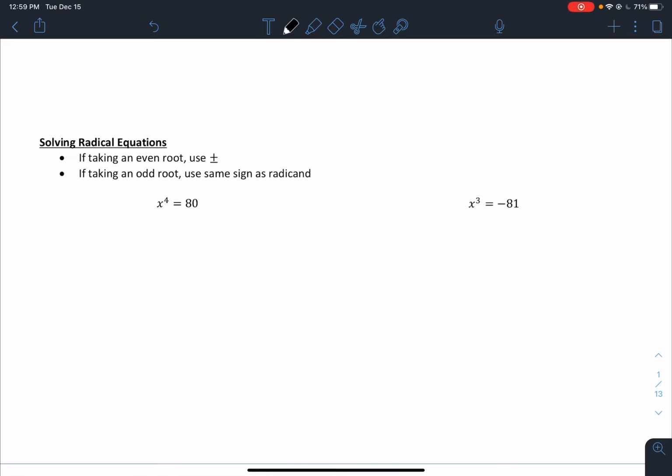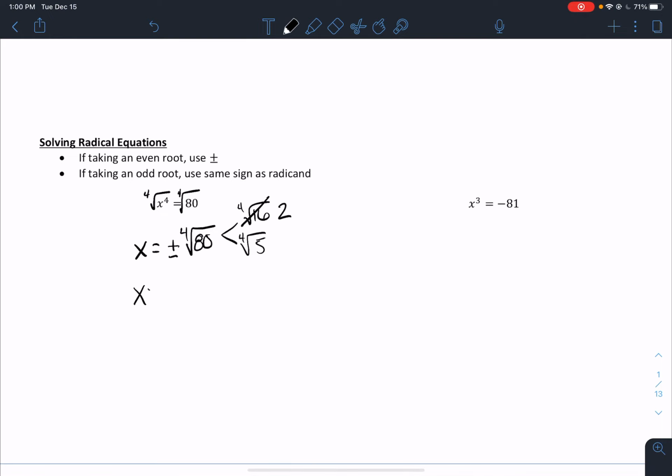So like x to the 4 equals 80, so I'm going to take the fourth root of both sides. So that'll cancel out. I'll get x equals plus or minus, I took an even root, the fourth root of 80. And 80 is 16 times 5. Well, the fourth root of 16 is 2. So it's x equals plus or minus 2 fourth roots of 5.